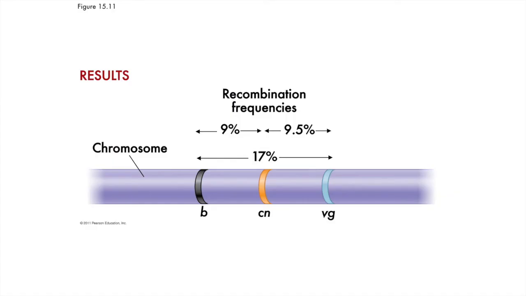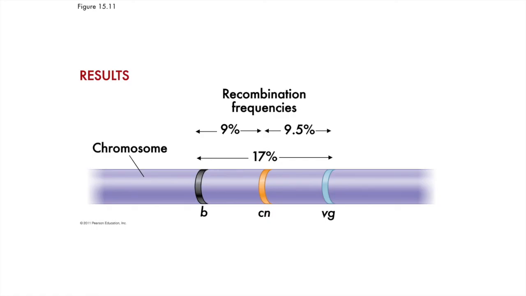So Sturtevant's method worked kind of like this. He produced many different mutant flies and performed recombination experiments. While the previous dihybrid cross showed that the black and vestigial wing genes had a 17% recombination frequency, a third mutant, a different eye color mutant he called cinnabar, had a 9% recombination frequency in crosses with the black body mutants, and about 9.5% recombination frequency when crossed with vestigial wing mutants.